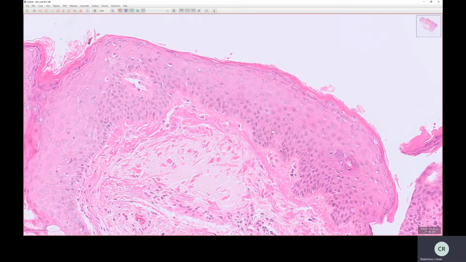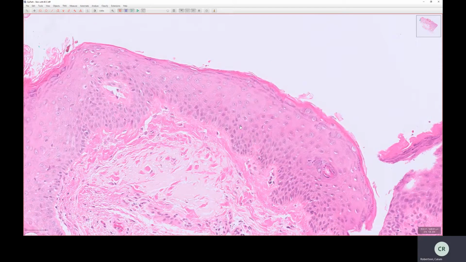So these are all keratinocytes. That's the name we give for the epidermal cells. But they have a different appearance depending on their degree of maturation. So they start here at the stratum basale, or the basal layer, that's where they replicate from, and they mature upwards through the different layers to the top, to the surface keratin layer here, where they're sloughed off.